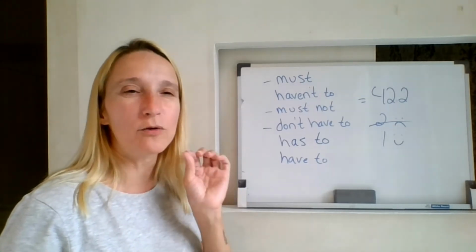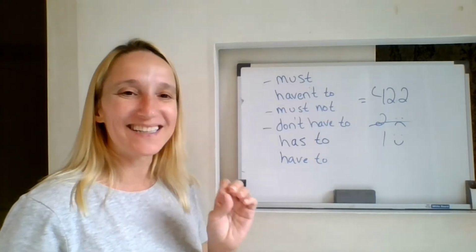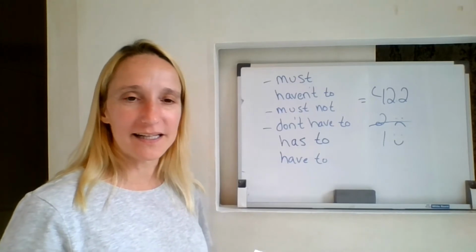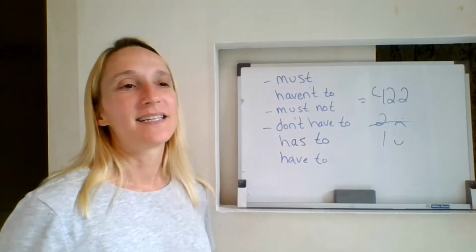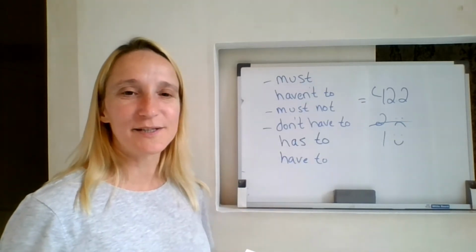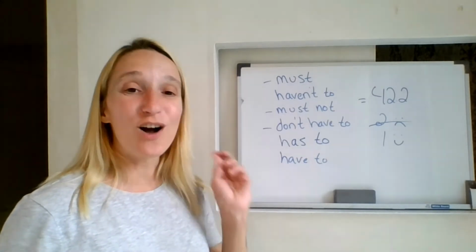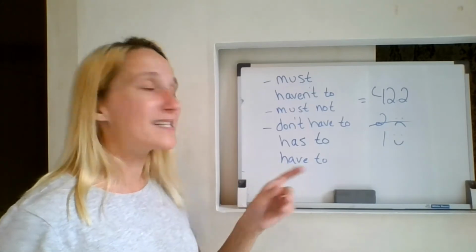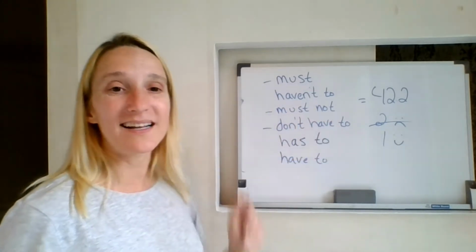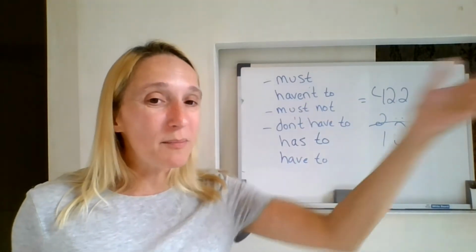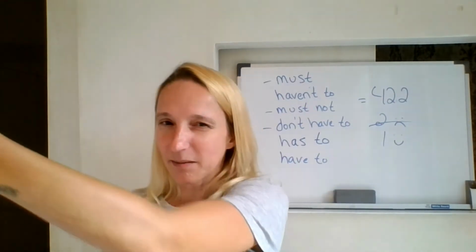It's grammatically correct. You must not make an appointment at the clinic. Is that a correct sentence? Yes, that is also correct. You can either say you must or you must not. They're both correct. It's either make an appointment or don't make an appointment.